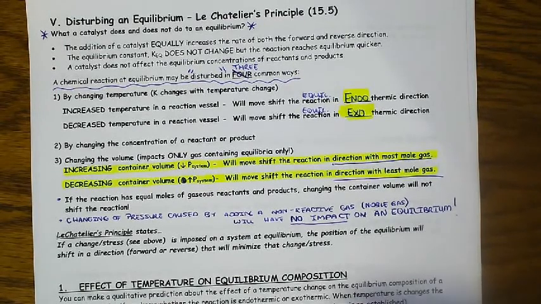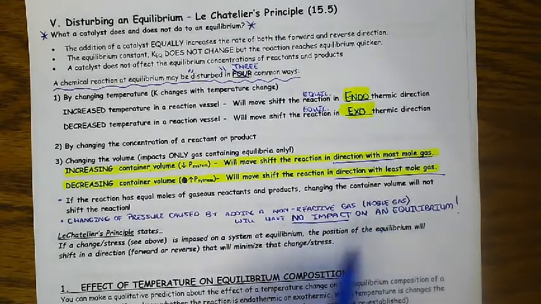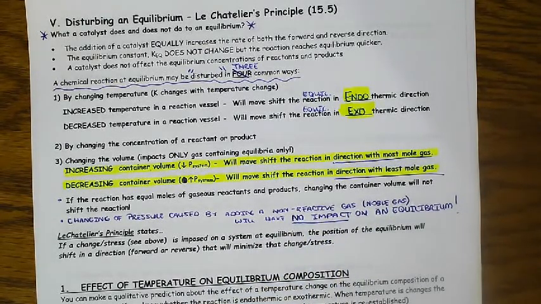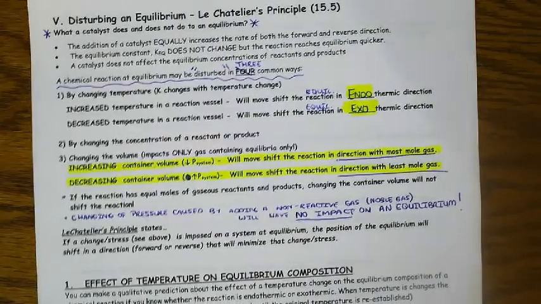If the reaction has equal moles of gaseous reactants and products, changing the volume of the container will do nothing to change the equilibrium. And changing pressure by adding a non-reactive noble gas will have no impact on the equilibrium as well, which should make sense, because to have an impact, that gas would actually have to act as a reactant or product, and noble gases don't react.